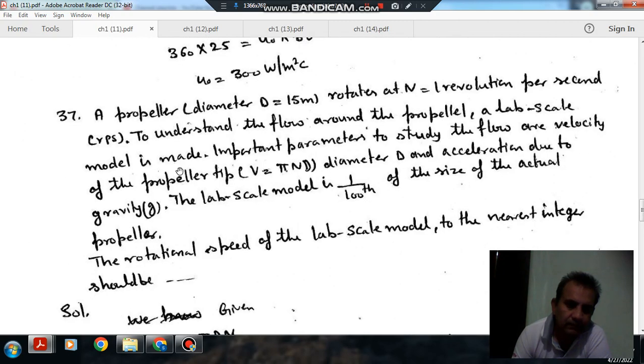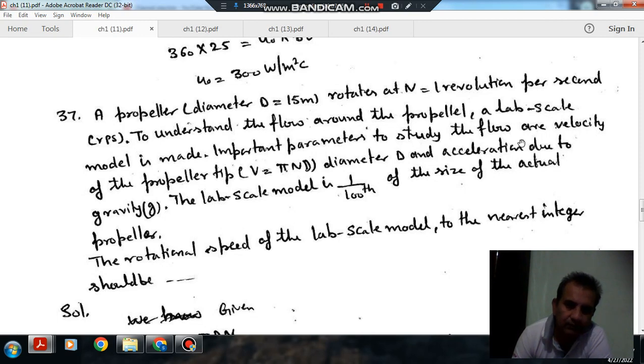Next, a propeller of diameter D equal to 15 meter rotates at N equal to 1 revolution per second. To understand the flow around the propeller, a lab scale model is made.